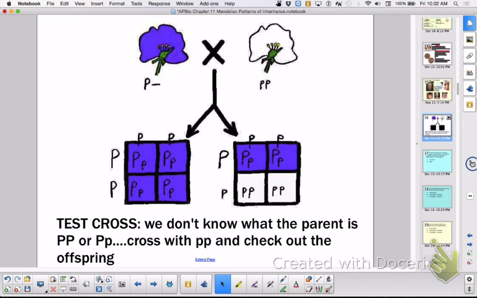So for instance, if we have a brown-eyed person, not child, that's even worse. Who would we need to find out if we want to know if she's brown or she's carrying the blonde gene? Who would we need to cross her with? Where are we testing hair? Hair. Yeah, we would need to test cross her with Jeremy. Okay? And then we could find out. Let's say they had one child and that one child had brown hair.